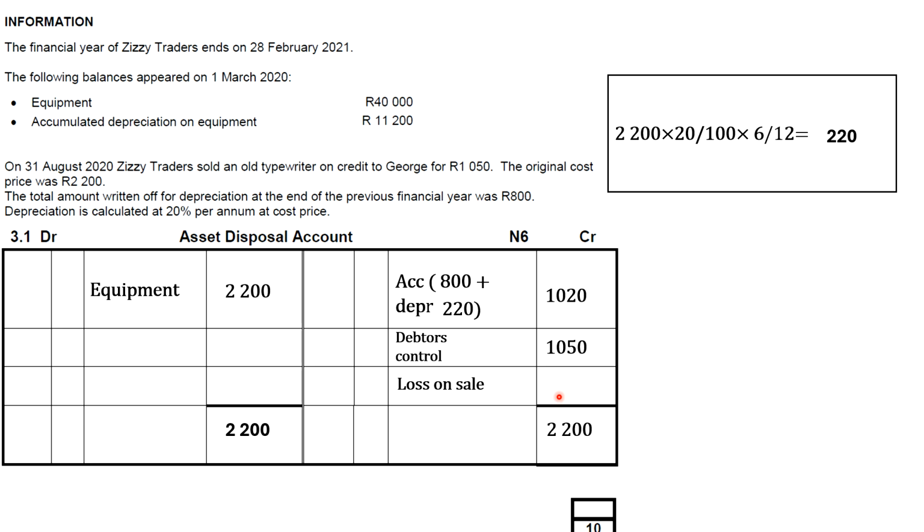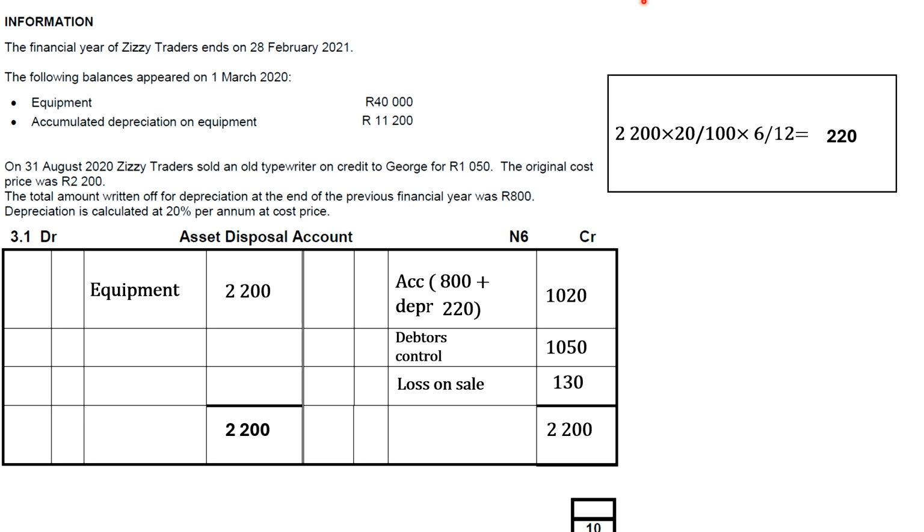If you say 2,200 minus both these amounts, you're going to get 130. So we're done with the first part of asset disposal. This is the simplest way they can ask it, the easy one. Now let's go to our next example.